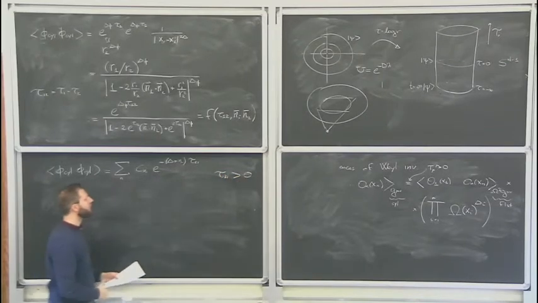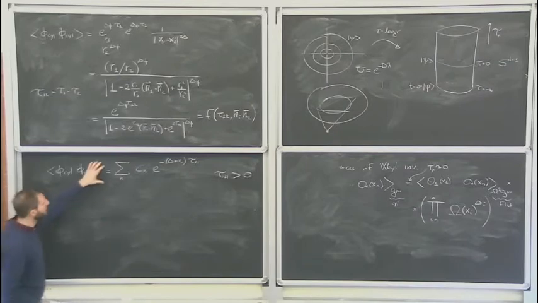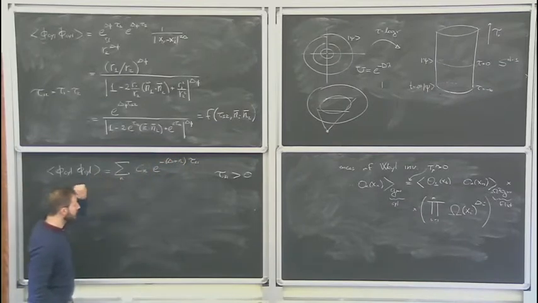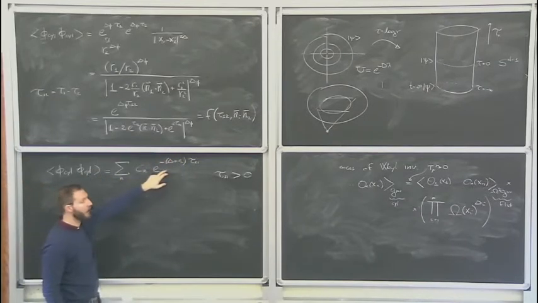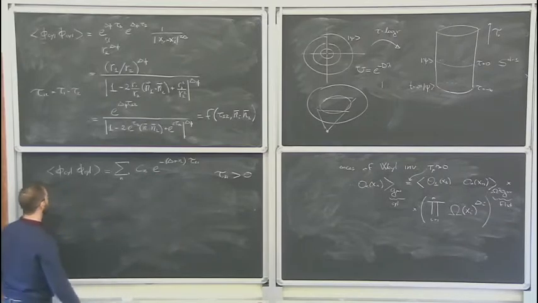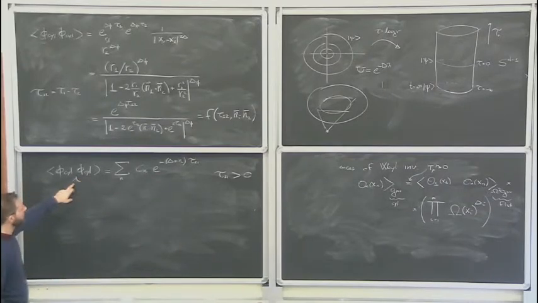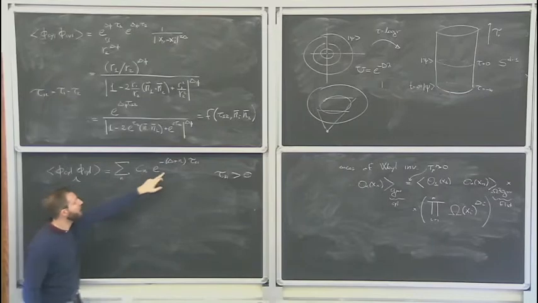Okay. So this expansion is basically an expansion in eigenstates. So if you were to insert a set of eigenstates of time translation, you would get something like this.